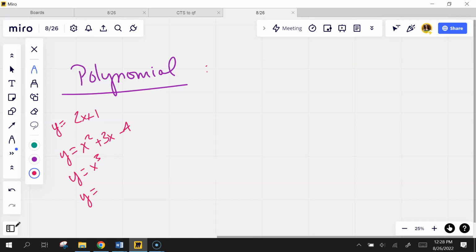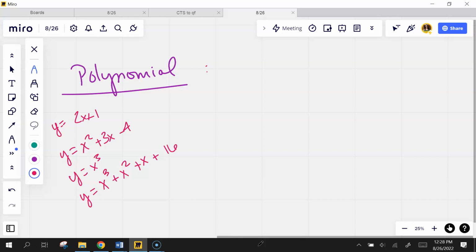Give me another one. Anybody? X cubed plus x plus 6 and 9. That is indeed a polynomial.